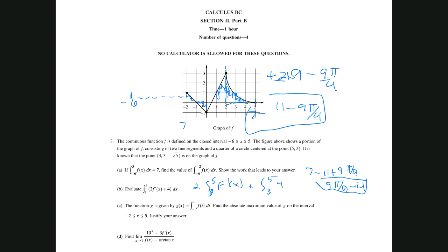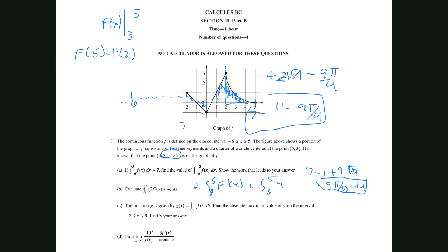Well, the integral from 3 to 5 of f prime, isn't that just f of x from 3 to 5? So isn't that just f of 5 minus f of 3? And f of 3, that's why they gave me that f of 3, right? That's 3 minus the square root of 5.